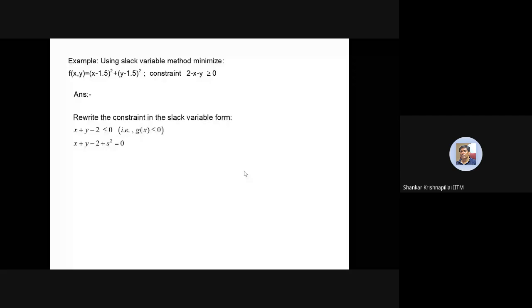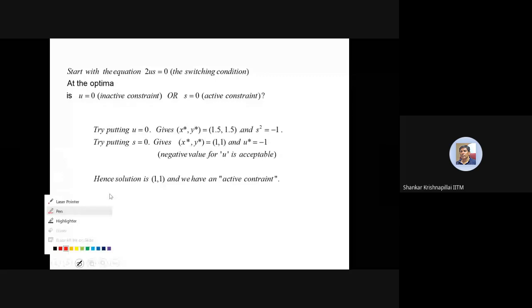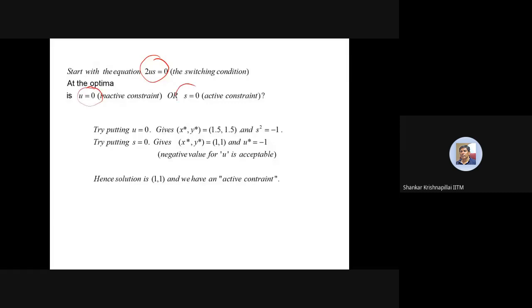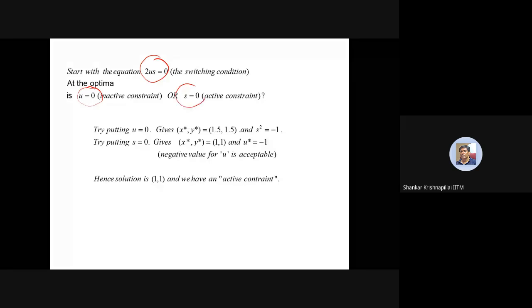So basically in this method, we have to use this switching condition, that is u into s is equal to 0. So either you first put u equal to 0, that is inactive constraint, or s equal to 0.